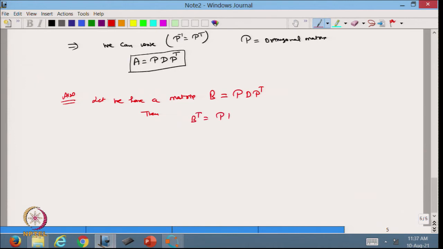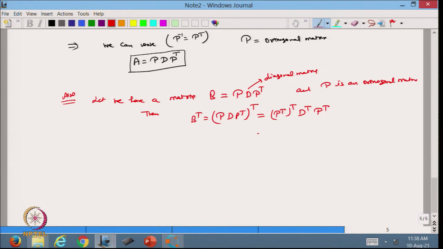So, it will be the transpose of P D P transpose, and that is equal to P D transpose P transpose, where D is the diagonal matrix and P is an orthogonal matrix.